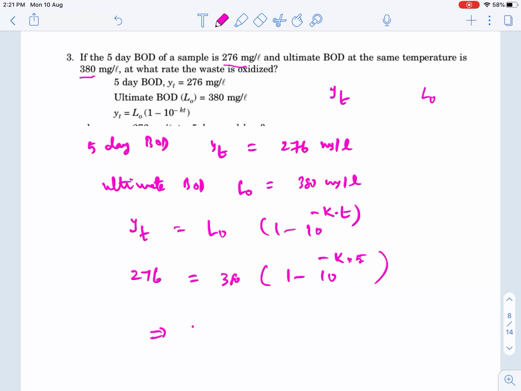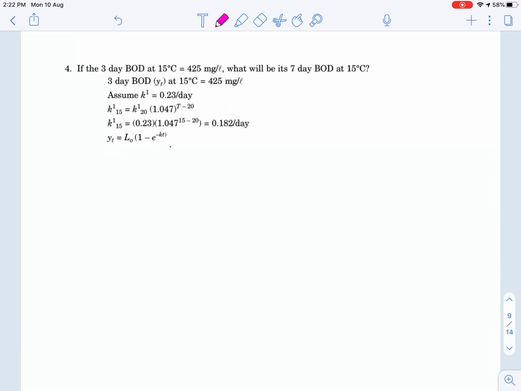So from this you can calculate the deoxygenation constant as 0.1125 per day. So here in this problem he has given the BOD exerted in 5 days and the ultimate BOD at the same temperature. Please remember, at the same temperature.